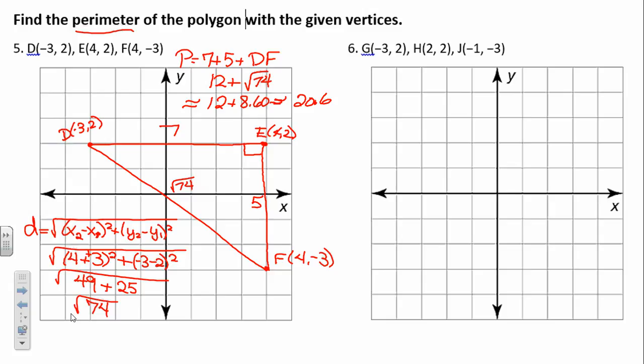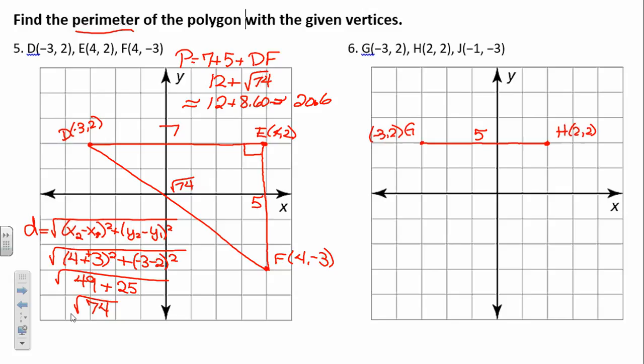Again, we're looking for perimeter. So you've graphed it, right? G was at negative 3, 2. H is at 2, 2. We've got a nice horizontal line going on here. 5 units in length.